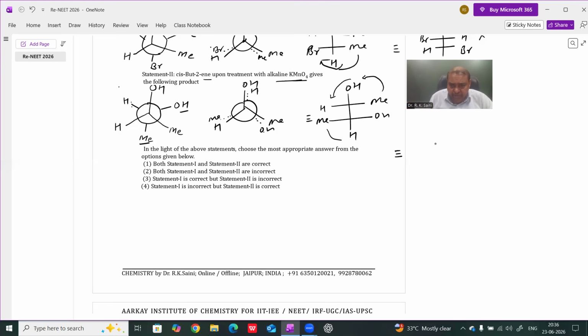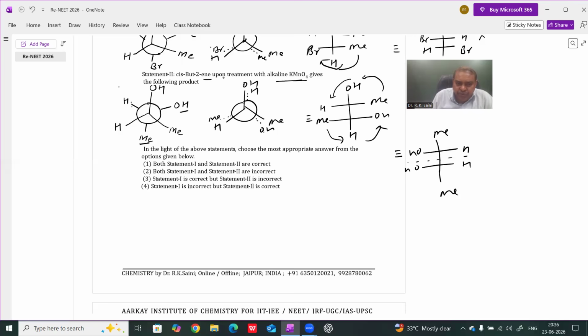Carbon first simultaneously rotates Me, OH and H. Similarly, the second carbon also rotates: Me, H and OH, and hence it is the meso form. Therefore, statement second is correct.